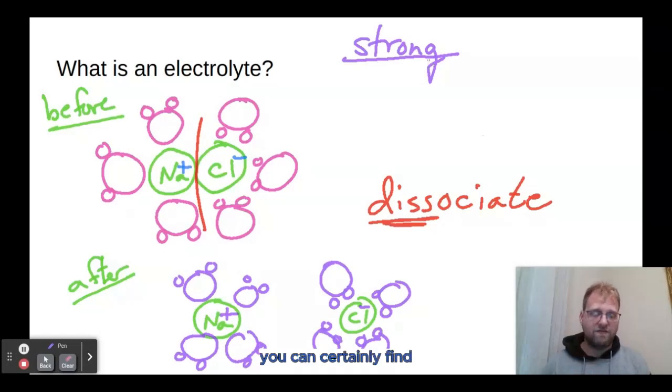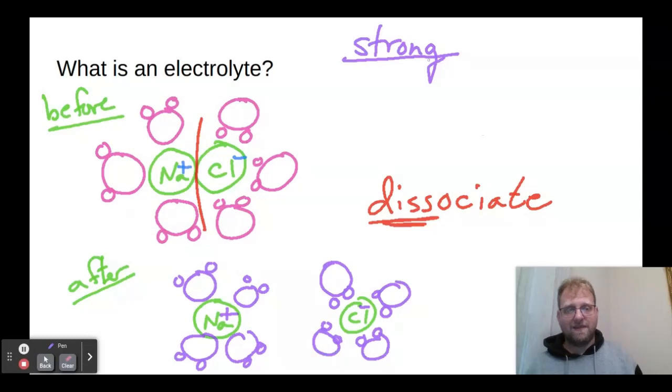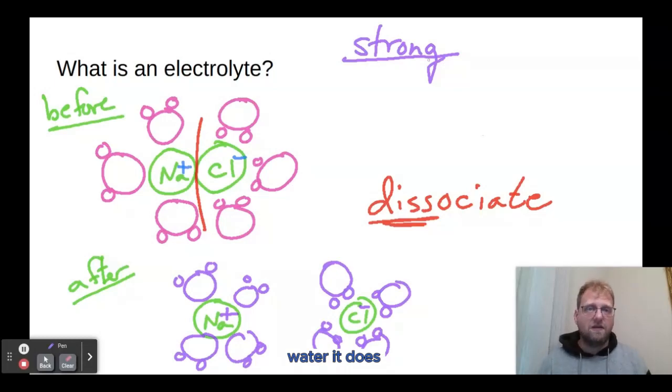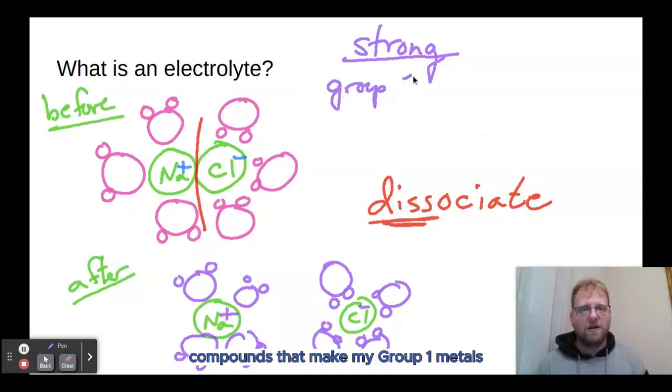You can certainly find some things like baking soda is a good one. Sodium bicarbonate does not dissociate that great in water. It does, but for a sodium compound, it's kind of weak. So my strong electrolytes tend to be my group 1 metals, compounds that have my group 1 metals, compounds that have a lot of my halogens, particularly my chlorides, my bromides, my iodides.